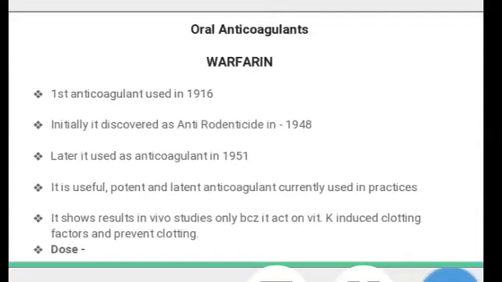When we inhibit these factors, we stop the initiation of coagulation, and these drugs block the gamma carboxylation of glutamate.